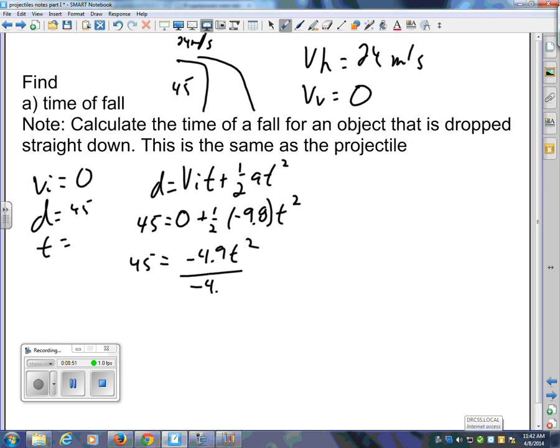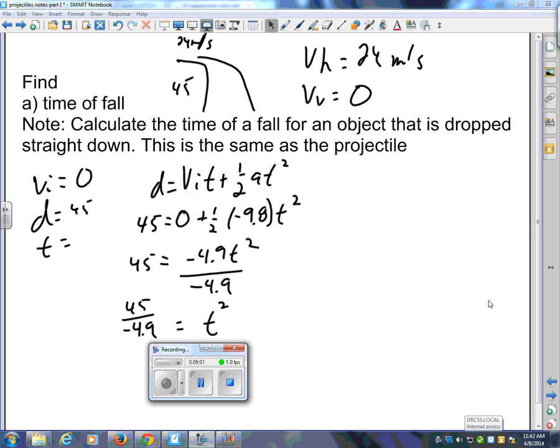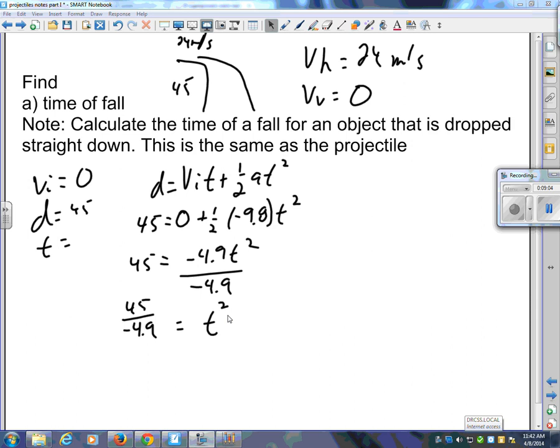If I divide both sides by 4.9, I get t squared equal to 45 over minus 4.9. If I don't have my 45 being negative, I'm going to be trying to take the square root of a negative, and that's not going to work. So d needs to be minus, and it should be because it's displacement, straight down. So it displaces minus 45.